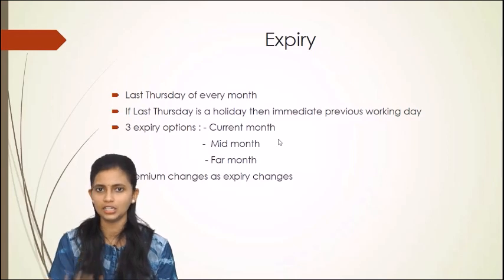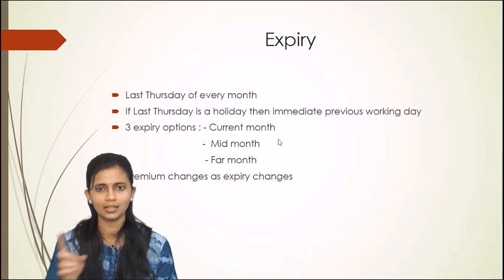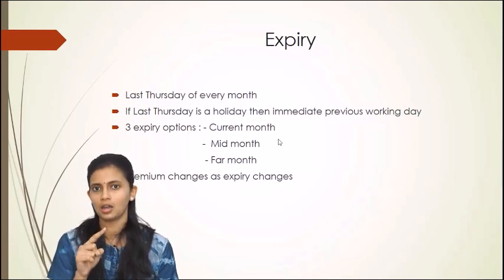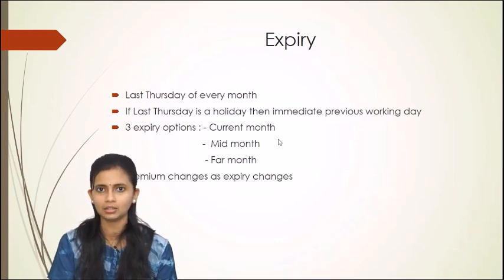One is the current month, that is, now it is March. You will also have April and May. So you will have 3 expiry options available to trade. You can either go for buying this month's option, which is called current month, or mid month, that is April option, or far month, that is May options. So 3 months' options will be available.